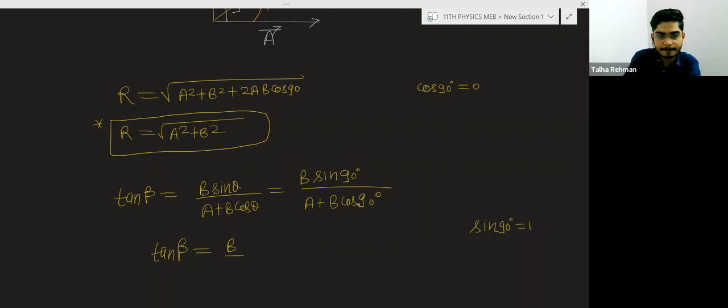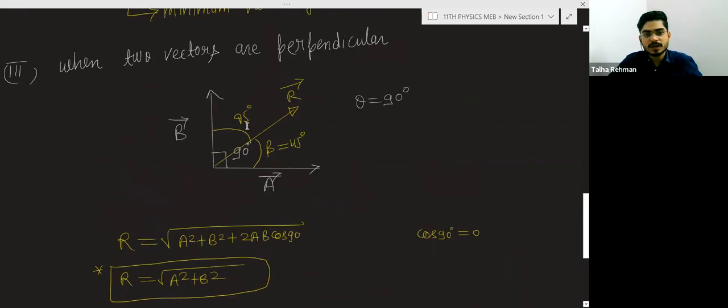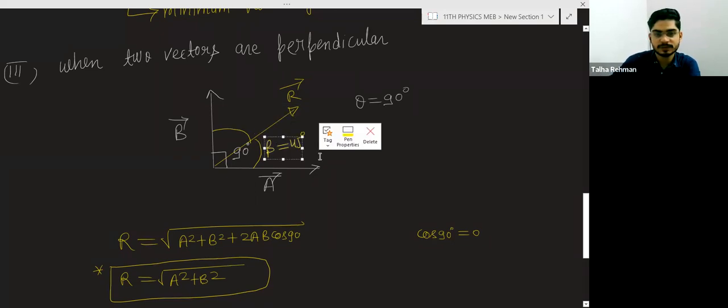So B by A. This angle will be 45 degree in case when this A vector and B vector are equal. Otherwise, you will get different values.